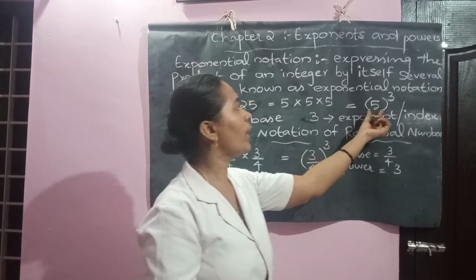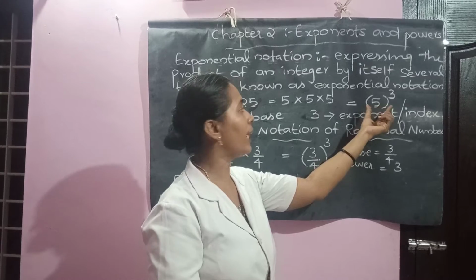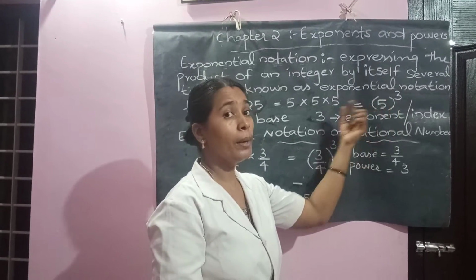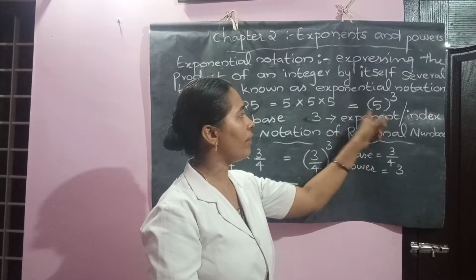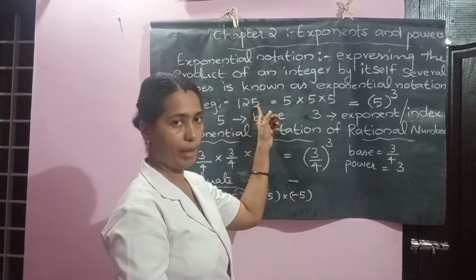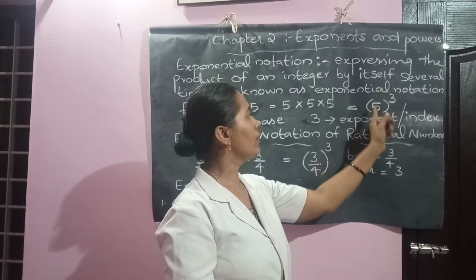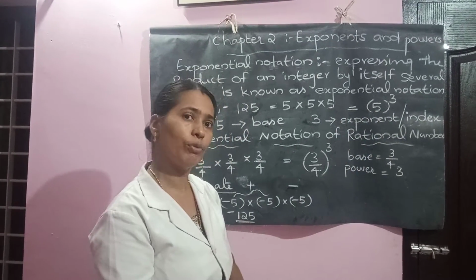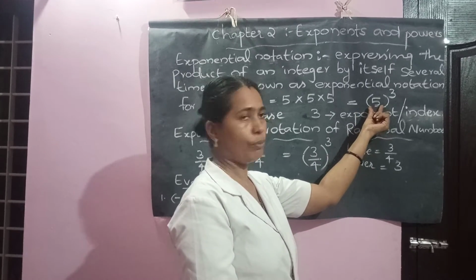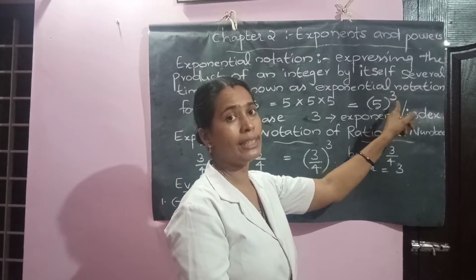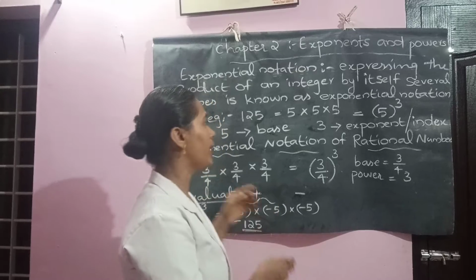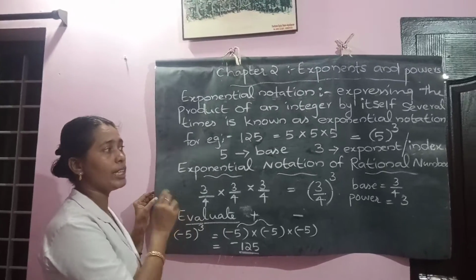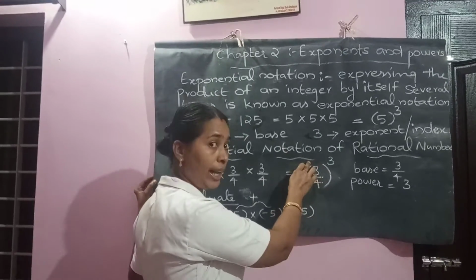And this 5 is called base, and this is called exponential notation or exponential form or base and index form. This is the way when you are expressing the number 125 as 5 power 3. This is called exponential notation or base and index form, where base is 5, index or power is 3. Already I told you in this chapter we are going to study about exponential notation of rational numbers.